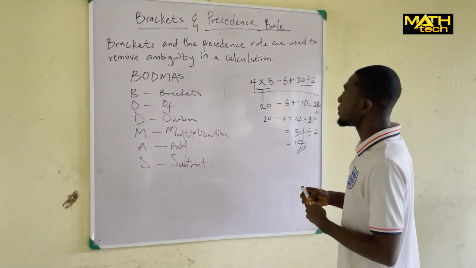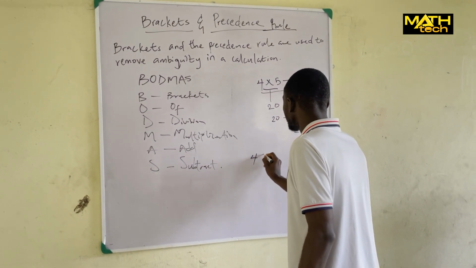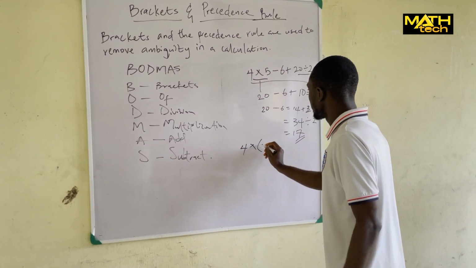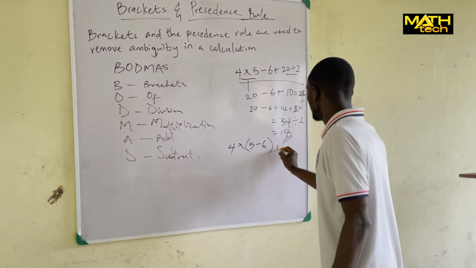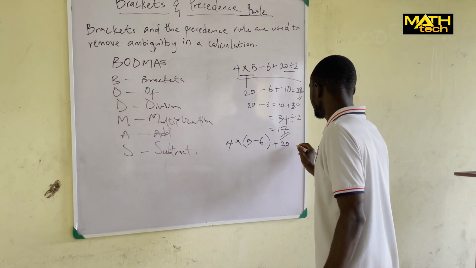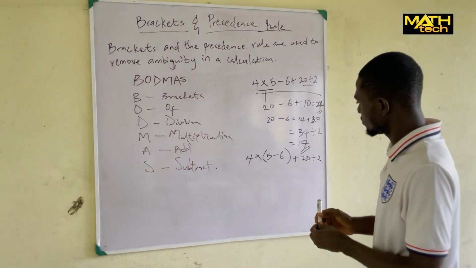And in a situation whereby we are having this calculation as 4 times brackets 5 minus 6, plus 20 divided by 2.